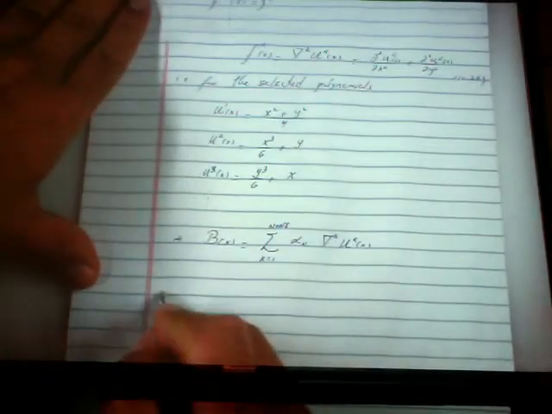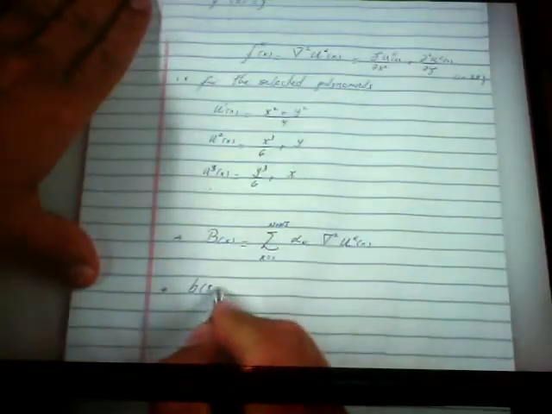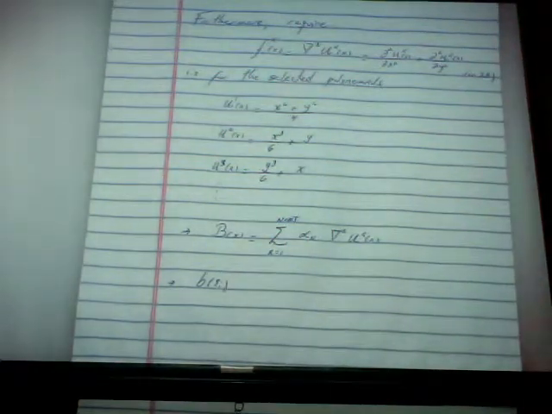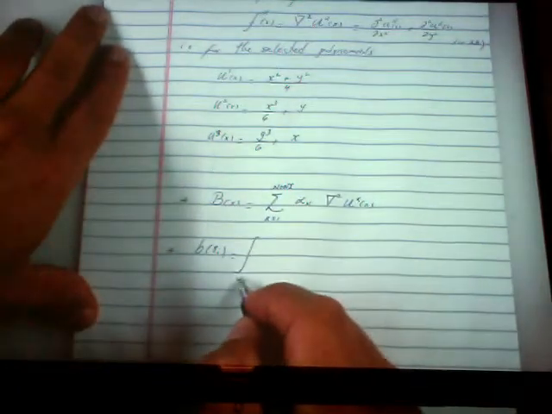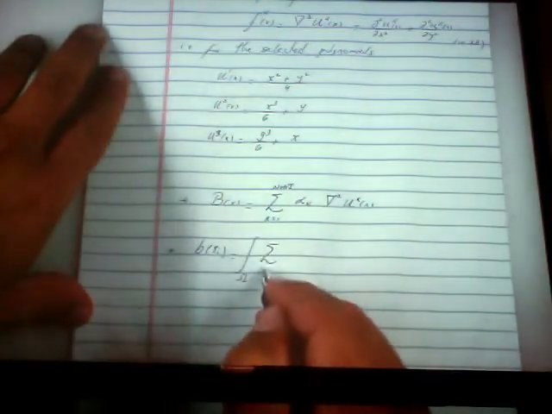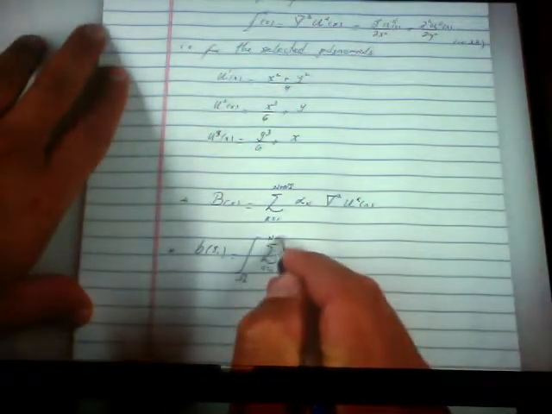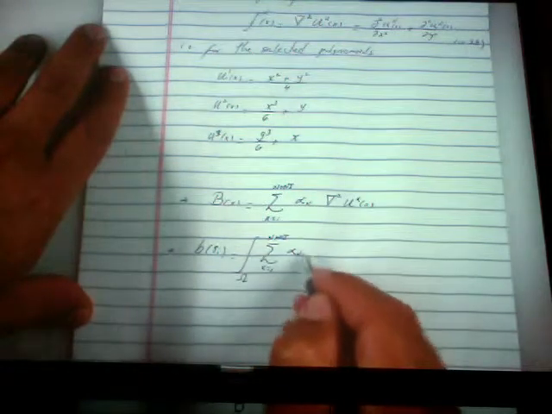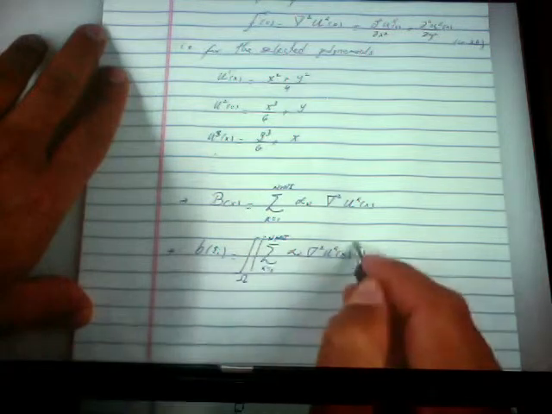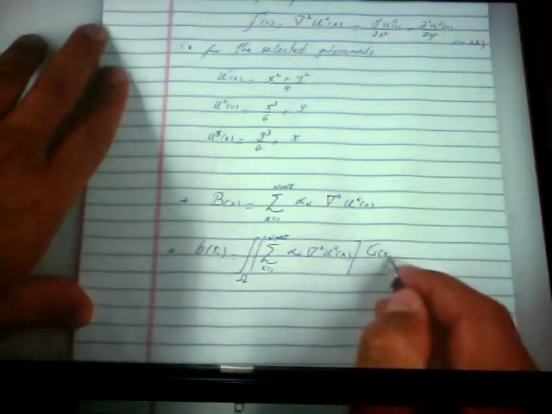And the term b of xi i, which is the term in the boundary integral equation, now becomes the integral over the domain, which is what we don't want. We don't want to see a domain integral of b, which is now the summation from k equals 1 to n plus ni of alpha k, Laplace of uk of x, and let me put this in brackets, and here's your Green's function.